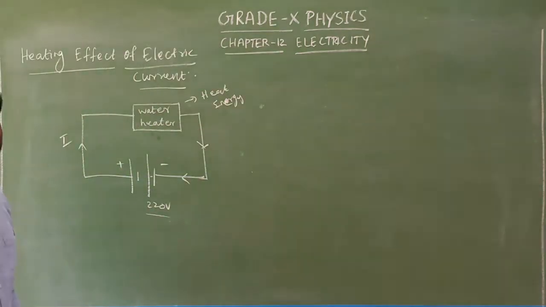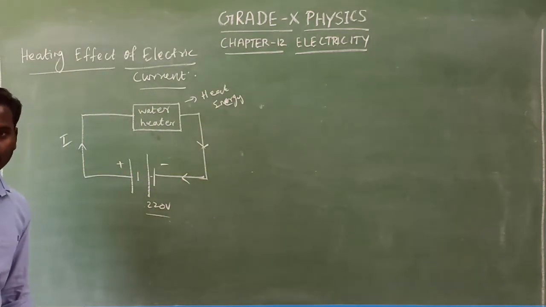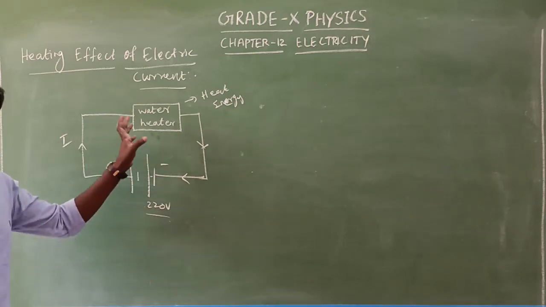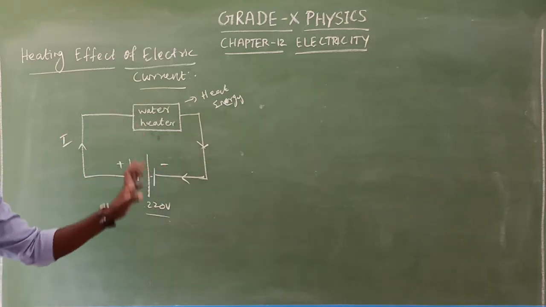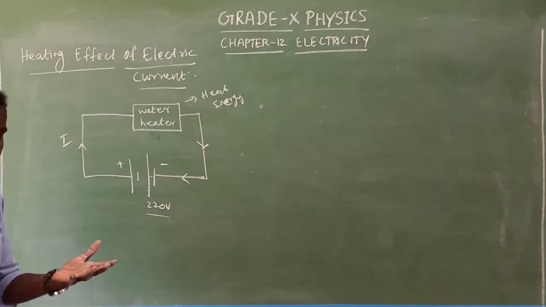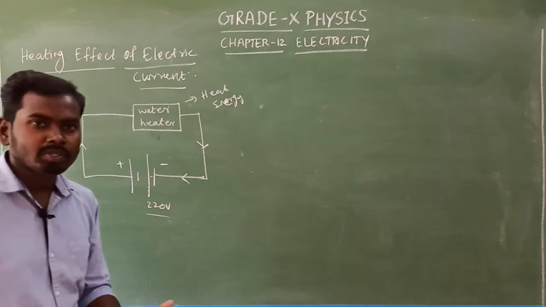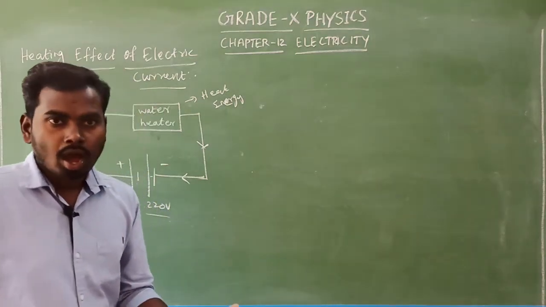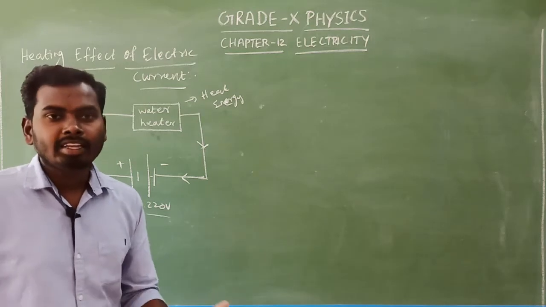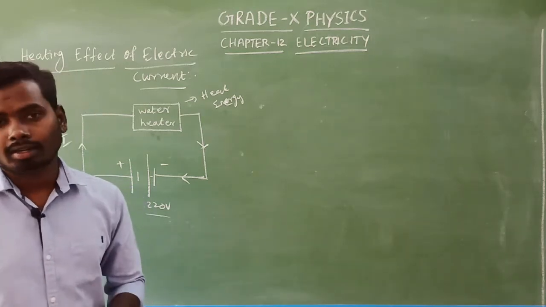Is it clear? So when current is passed through any electrical appliances having the high resistance wire, then the high resistance wire becomes hot and produces heat energy. That is called heating effect of electric current.